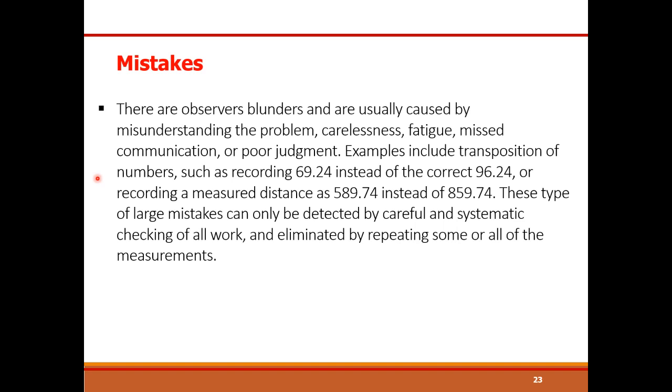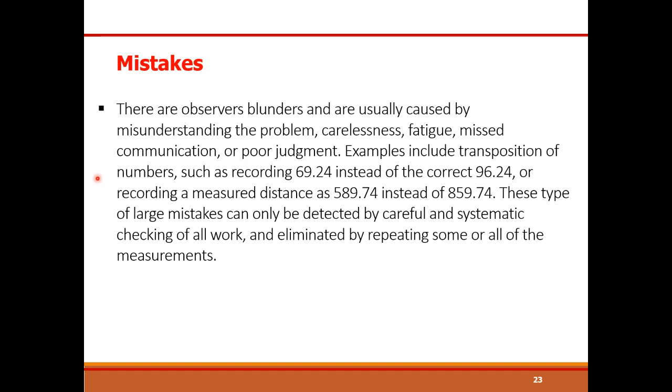Mistakes. These are observers' blunders and are usually caused by misunderstanding the problem, carelessness, fatigue, miscommunication, or poor judgment. Examples include transposition of numbers, such as recording 69.24 instead of the correct 96.24, or recording a measured distance as 589.74 instead of 859.74.